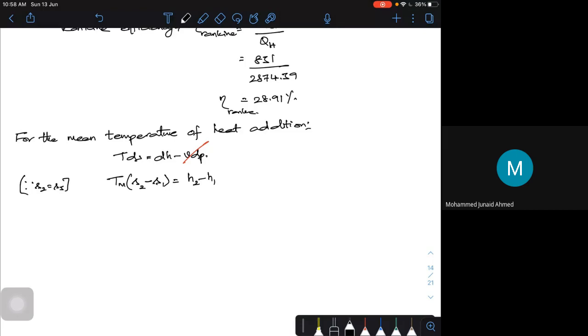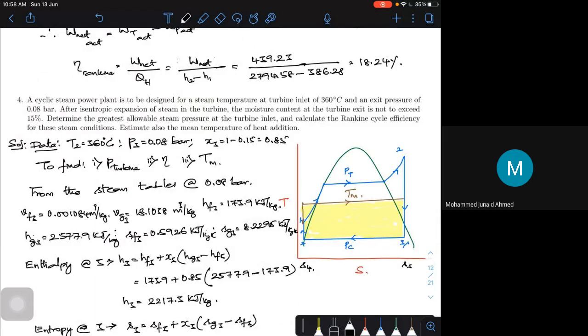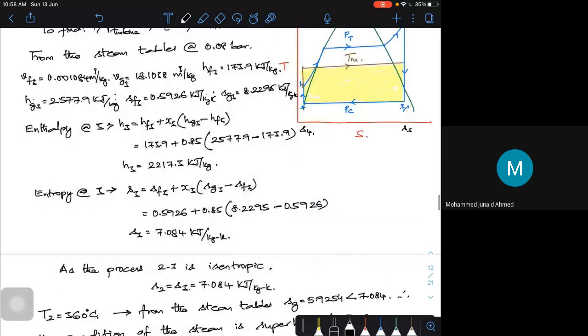What is your S2? Let's go back here. S3 is also equal to S2, that is 7.084. 7.084 minus, what is your S1? Entropy at point 4, this particular point, that is 0.5926.